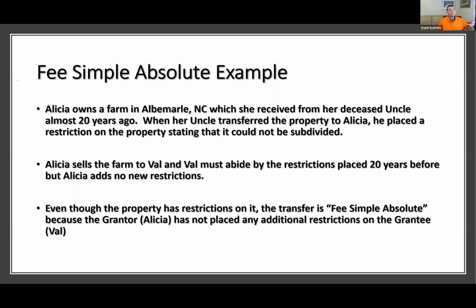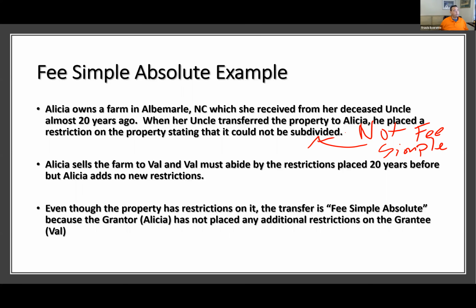So are we clear that the uncle's transfer is not fee simple? Is everybody clear that the uncle's transfer is not fee simple? Are we good with that? Yes. Because the uncle placed a restriction. So this one, we don't know what it is yet, but we're just going to put not fee simple for this one, because they placed a restriction.